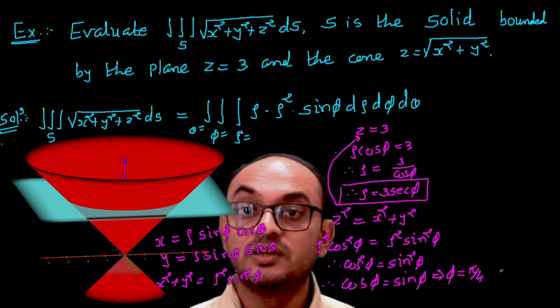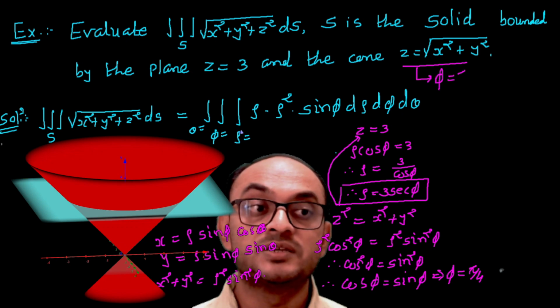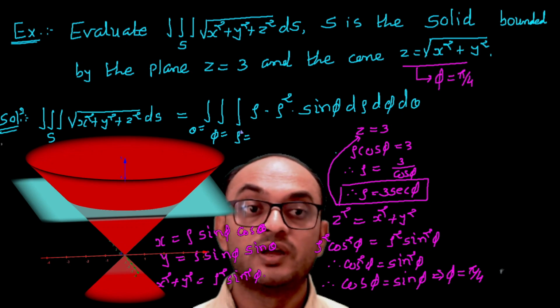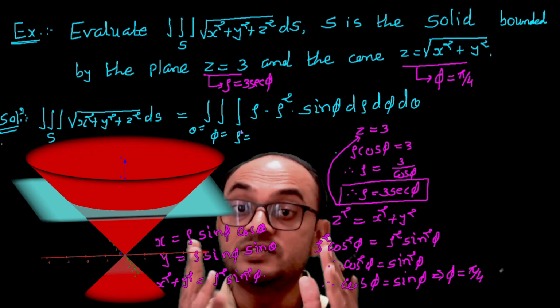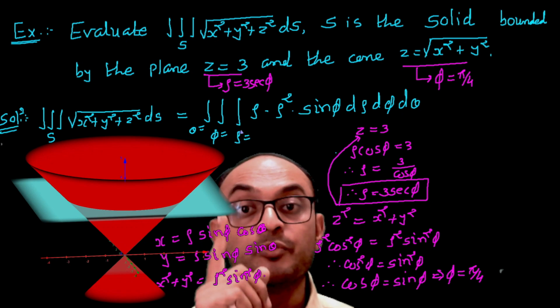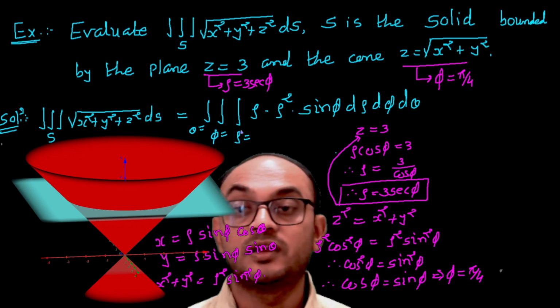What does it mean? The equation of this curve is phi is equal to pi by 4, and this curve is rho is equal to 3 times sec phi. And these are very important observations whenever we have to write rho, phi and theta limits.